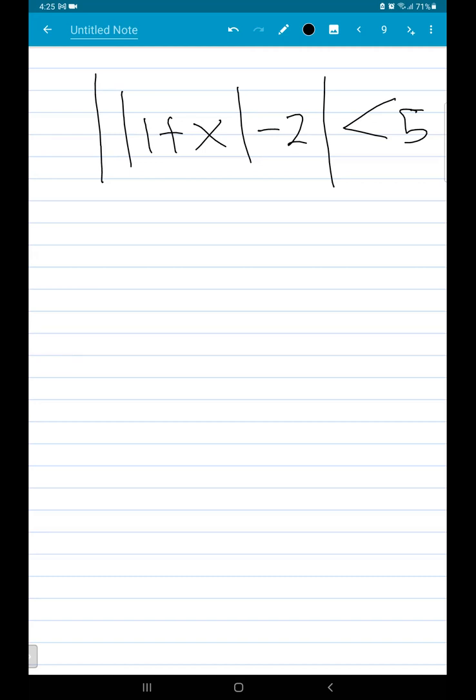How do you first convert this inequality to one that gets rid of the outer absolute value? Here we have an absolute value outside.